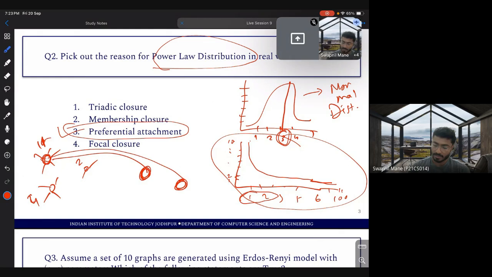So its degree also increases, to 12. That means the rich get richer over the period of time. This phenomenon is obeyed, so that is why the preferential attachment option is correct for the power law distribution.